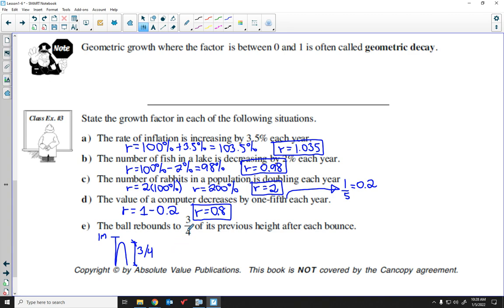Yeah, the height retained would actually be 3/4. So if you start with 1 meter, it'd be 3/4 of that. So your R value in this situation would actually just be 3/4. And if you convert that into a decimal, it'd be 0.75. Okay, you want to think about it like this. You can say like the amount of height retained.